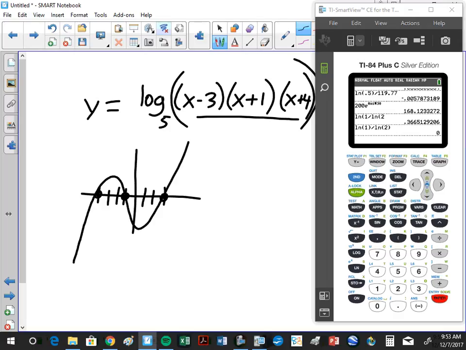Which numbers can I plug in? So x can equal negative 4 to negative 1. Can it equal negative 4 or negative 1? No, because those give us a 0, and you can't take the log of 0. And we'll union that with 3 to infinity. Does that make sense?